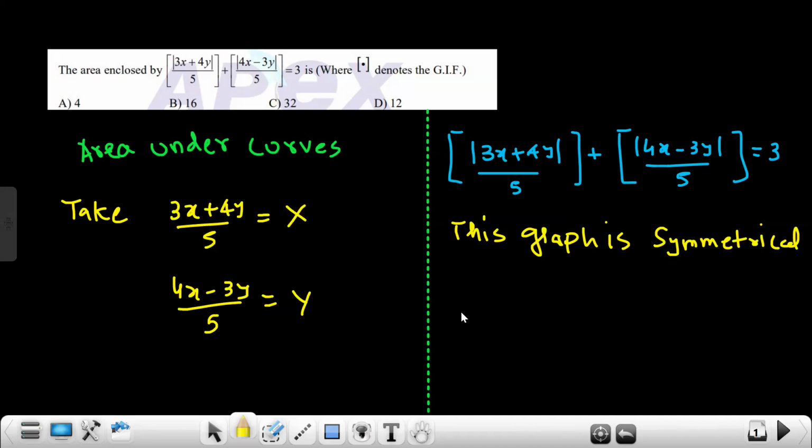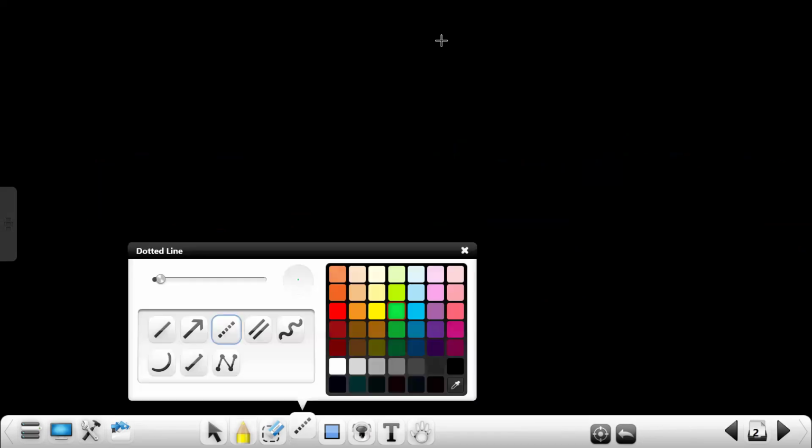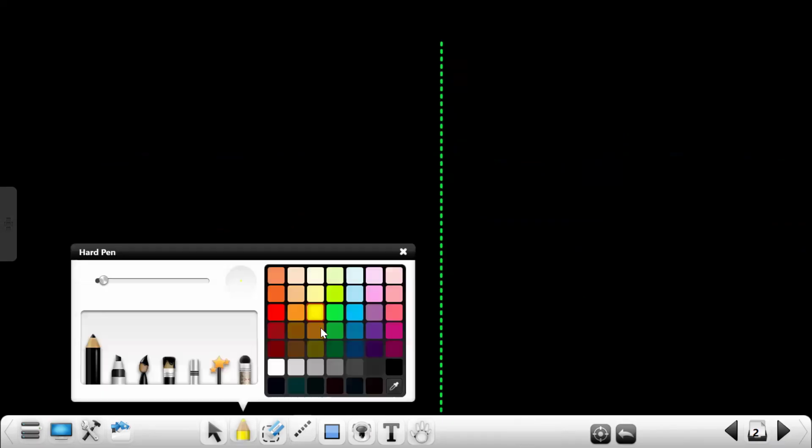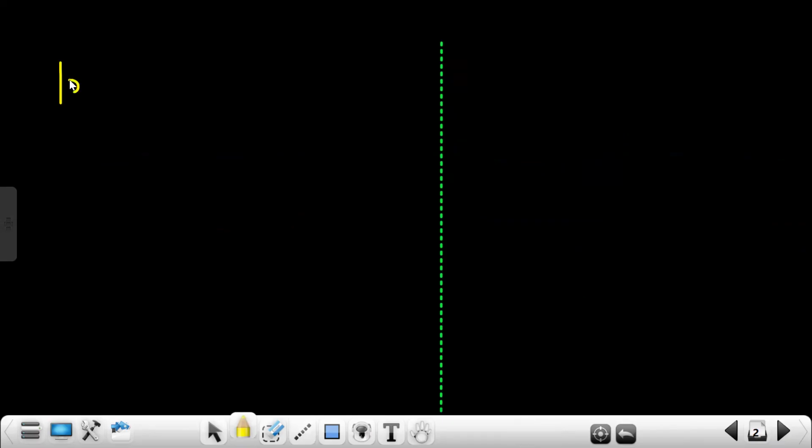So it is nothing but greatest integer of mod X plus greatest integer of mod Y is equal to 3. We can rewrite it like this. So our question is to draw the graph for greatest integer of mod X plus mod Y equal to 3.